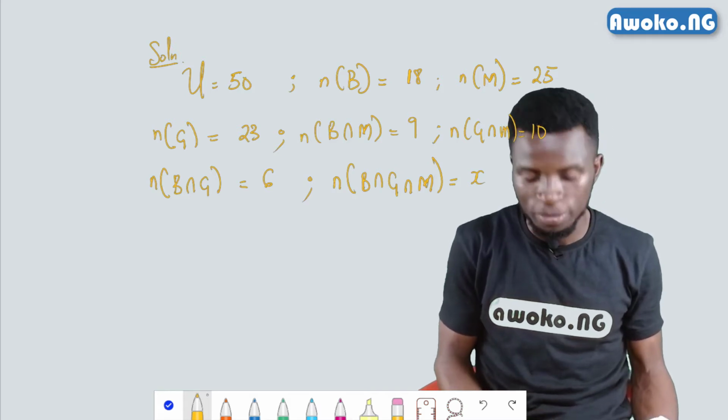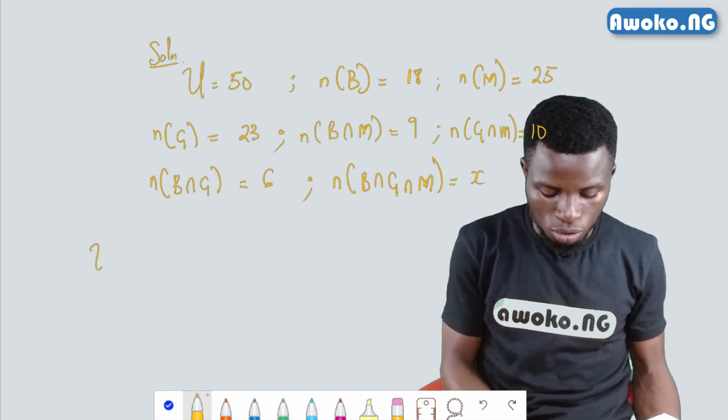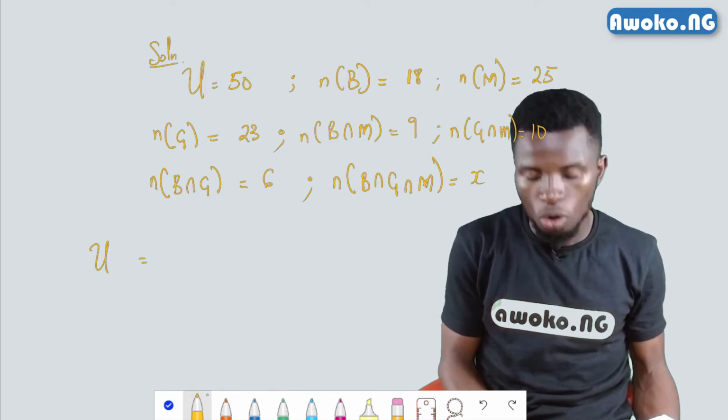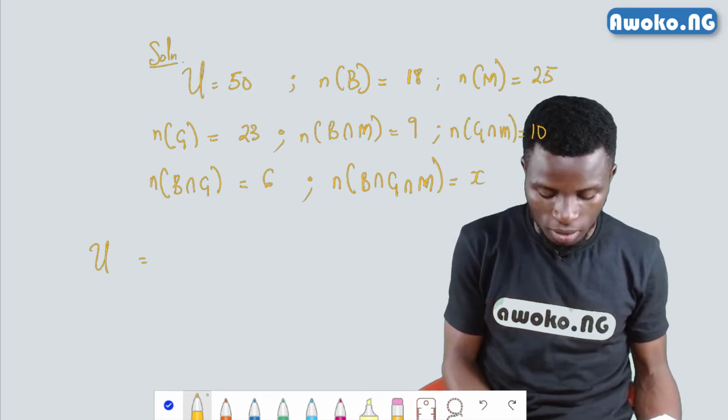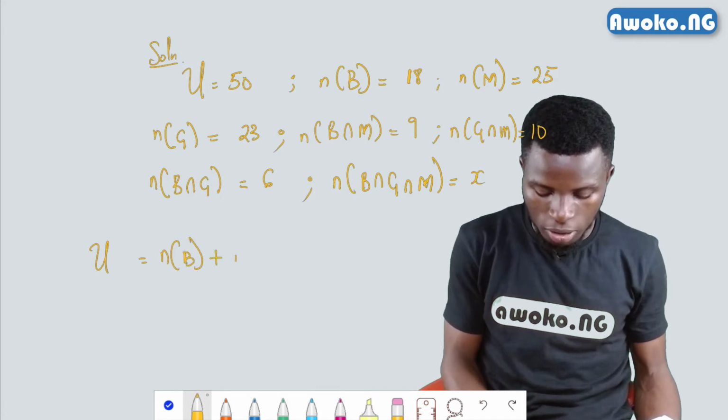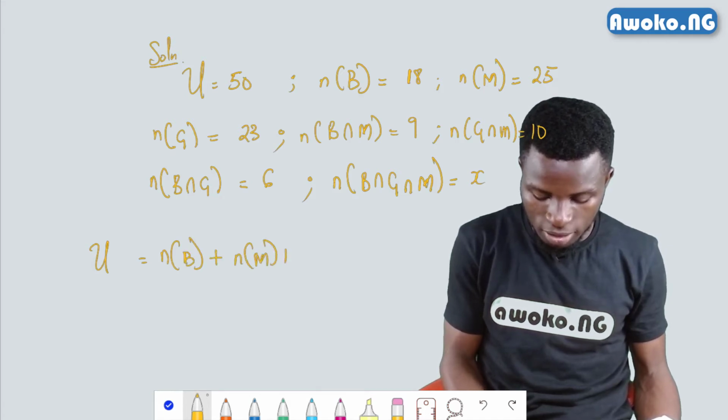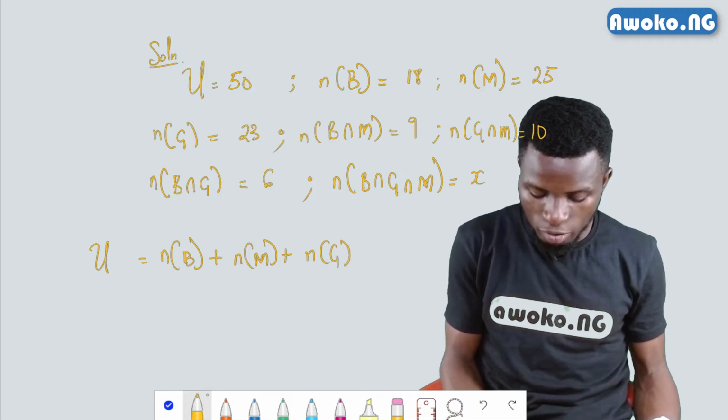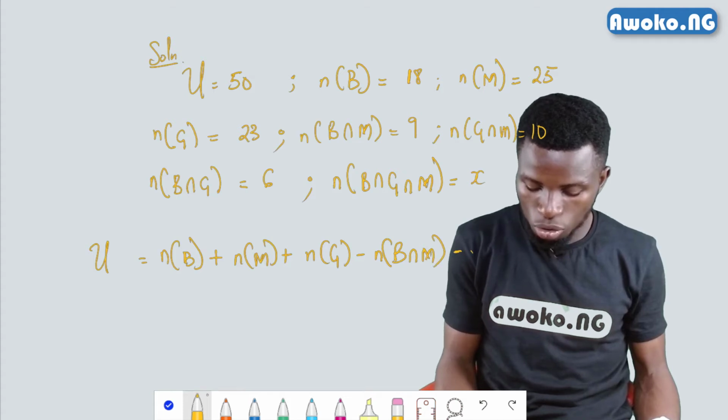Using the formula, we have U is equal to the number of biology plus the number of mathematics plus the number of government, minus the intersection between any 2 subjects.